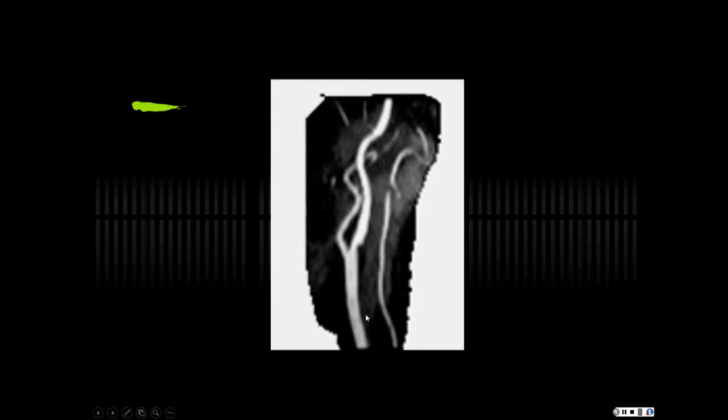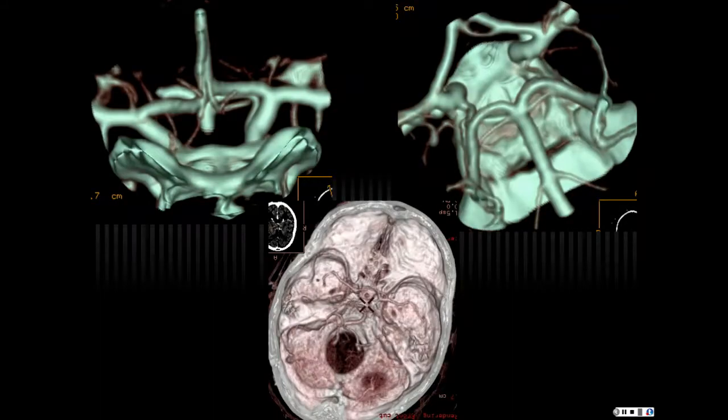Common carotid artery, external carotid, internal carotid, a little bit of plaque right at the bifurcation. I showed you these images before. These are from a CTA. You can really, really get some very high resolution images from a CTA. This almost looks like angiography, like conventional angiography.